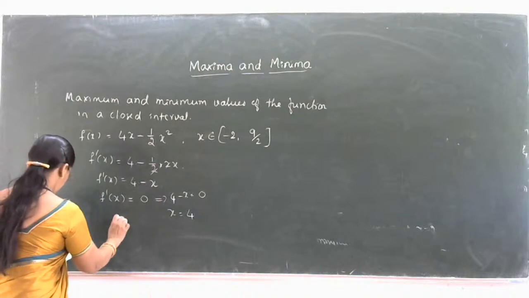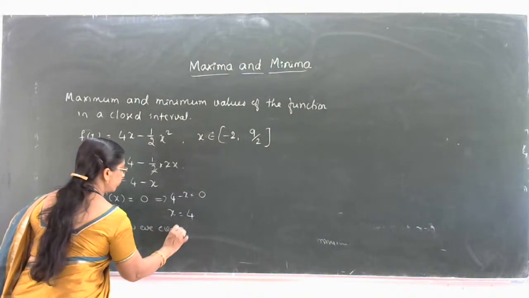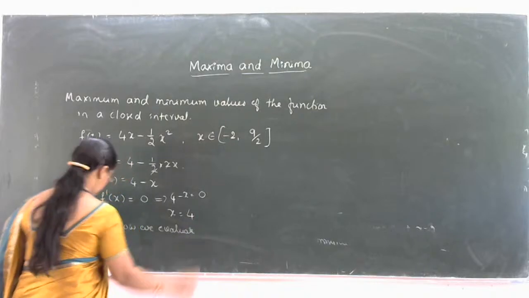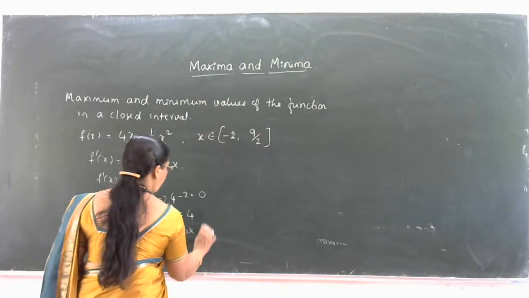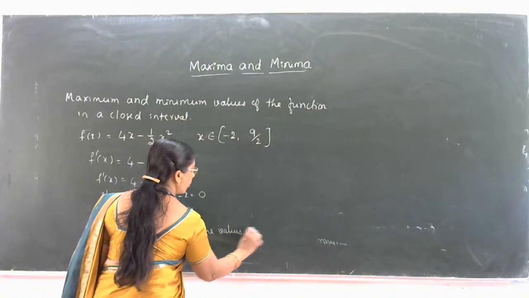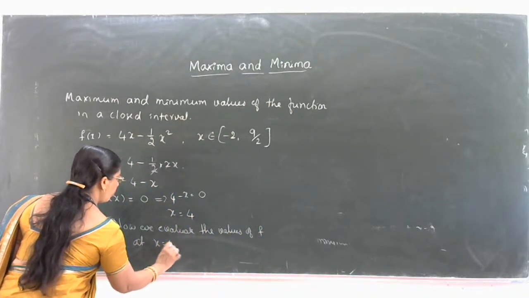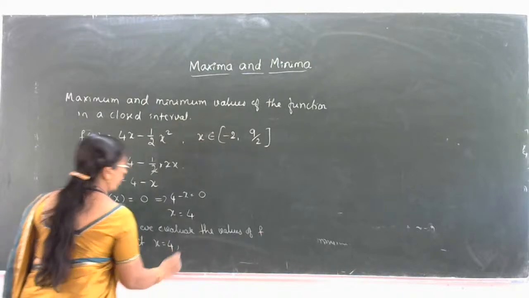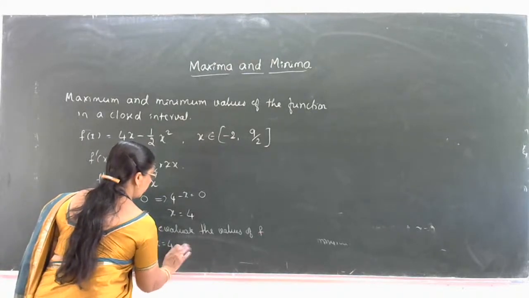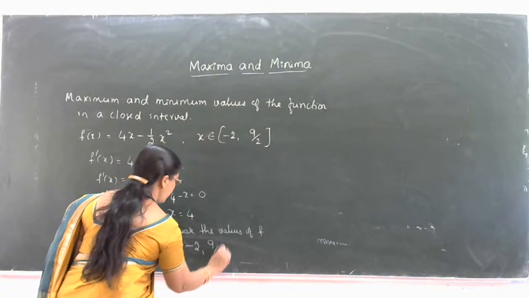Now we evaluate the values of f at x equal to 4, x equal to minus 2 and x equal to 9 by 2.